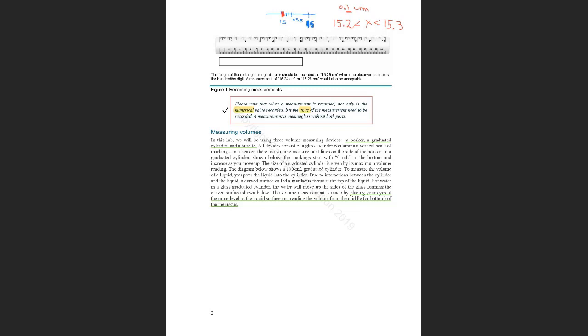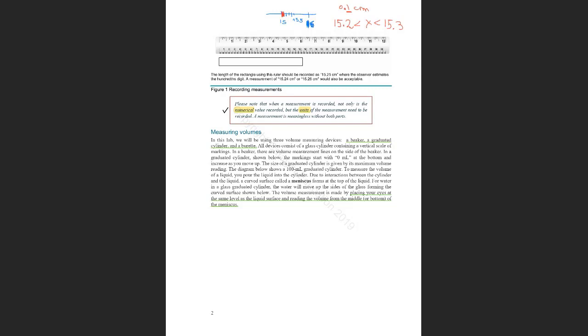And what we said at the beginning is that we have, what did we say? We need to record all the digits using the markings plus one digit, and that is the estimated digit. So we have to estimate.